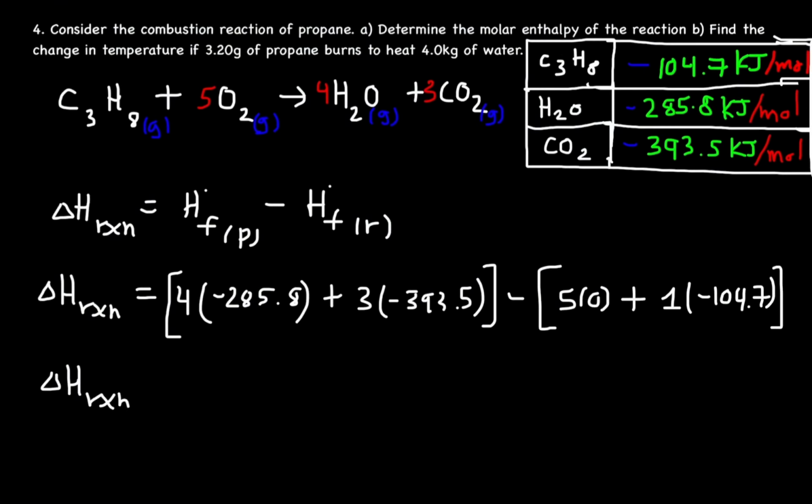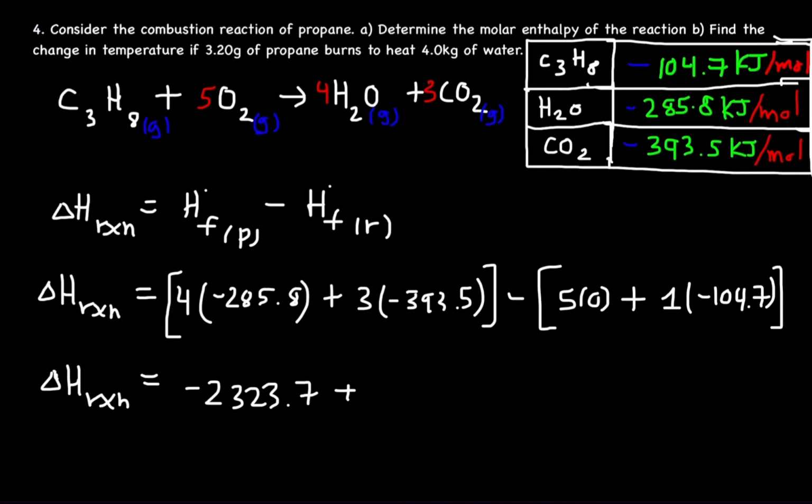minus now this one. So 5 times 0 is just 0, and this one here, the minus sign, and here the minus and minus makes a positive, so plus 104.7.